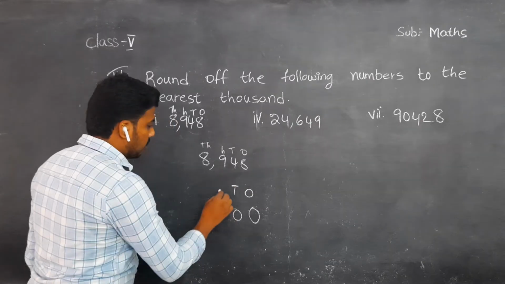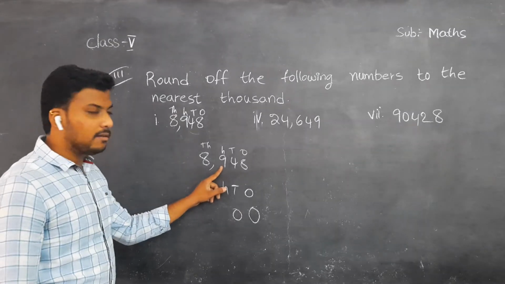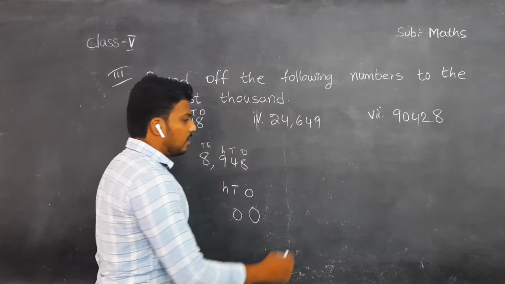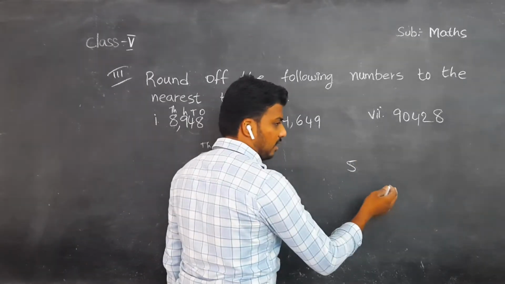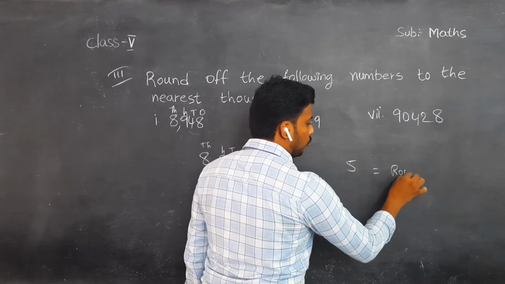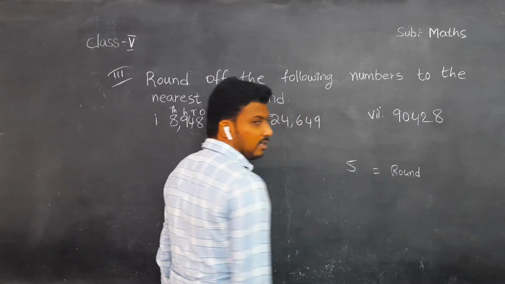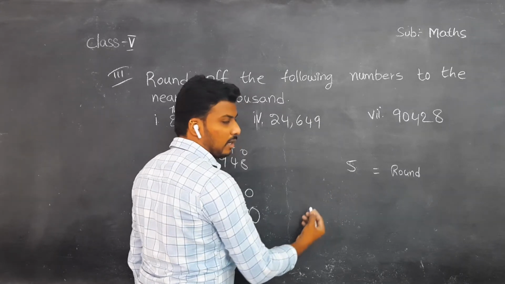Coming to the next, the hundreds place, the value here is 9. I already said the number which is greater than or equal to 5 should be rounded off to the next number. Understand, children? If the value is less than 5, it stays.